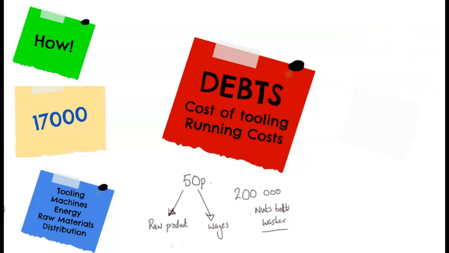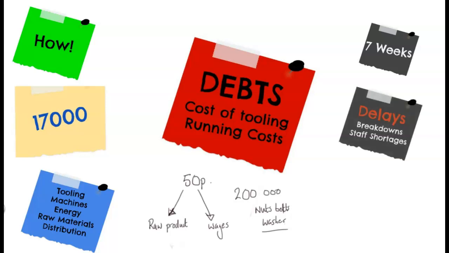Otherwise, it's just not worth their while. Through the calculation, they've worked out that it's going to take them 7 weeks to do this. The plan is that they're going to make the 200,000 within the 7 weeks, and at the 7-week point, they start to make a profit.